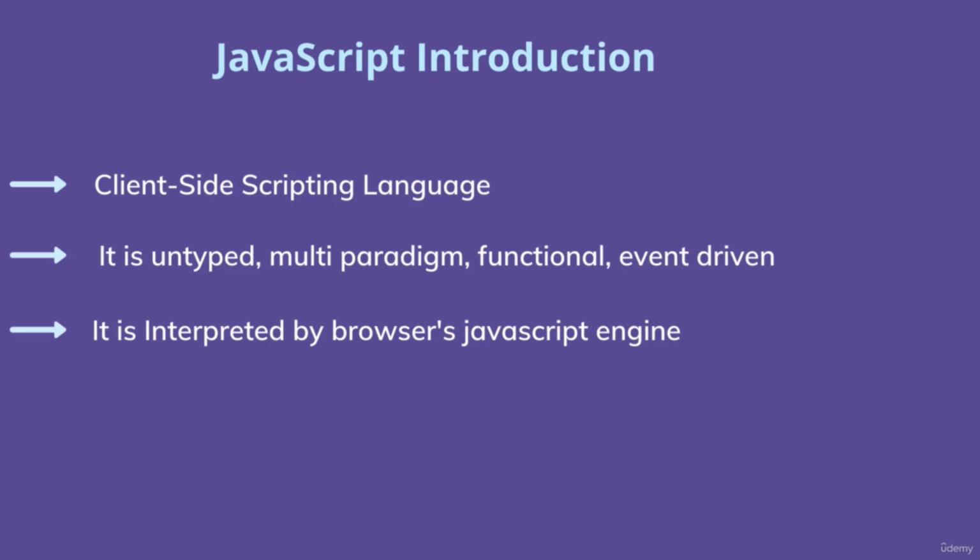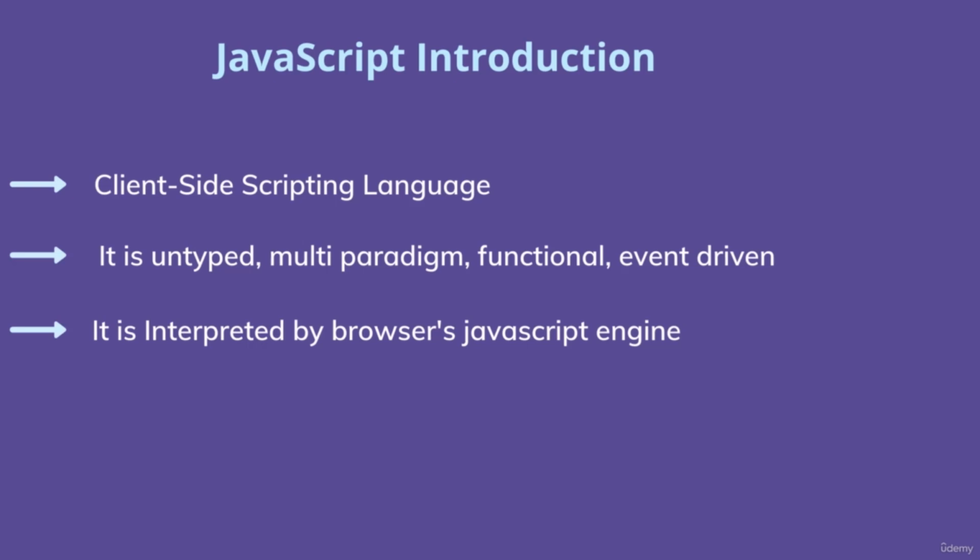But what about JavaScript? Meaning if I am writing some logical code, some programming-like code, how will the browser be able to execute that? So for that, as mentioned, every browser has a JavaScript engine. For example, for Chrome, it is the V8 engine. For different browsers, it's a different engine.